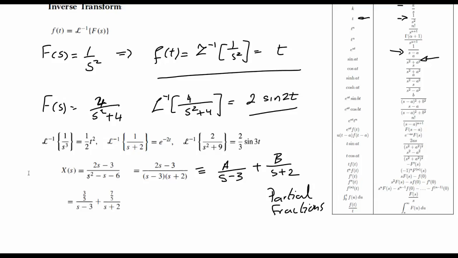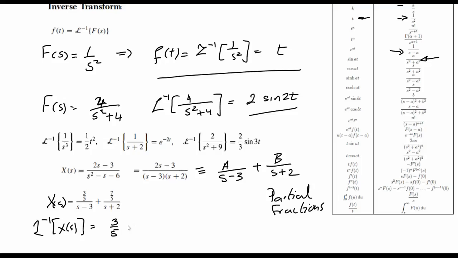Now if you look at this, 1 over s minus a seems to be very plausible. This is our X of s, of course. So now we can go and find the inverse Laplace transform of X of s. We need to be careful here. The 3 over 5 we will leave as a constant multiple. Now this is s minus 3, that's s minus a, 1 over s minus a.